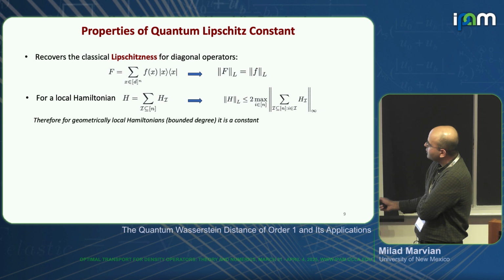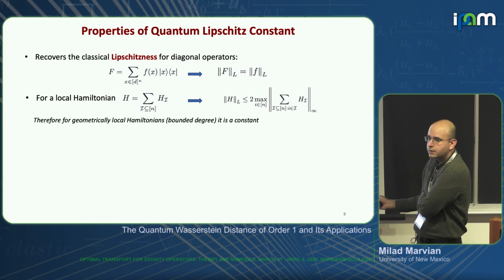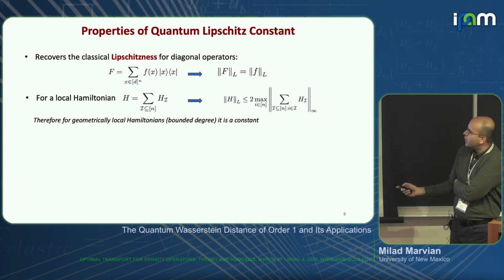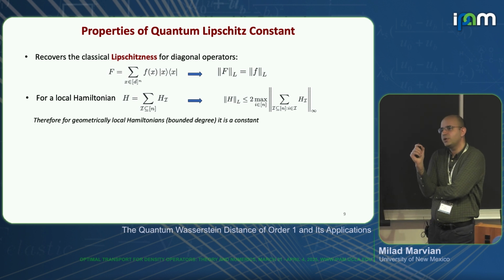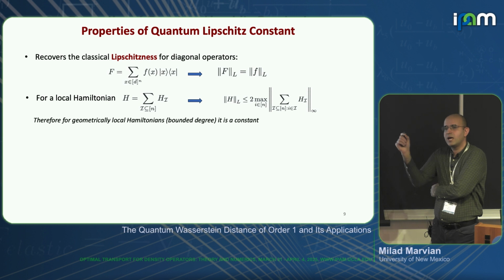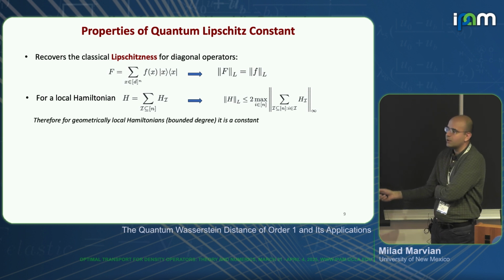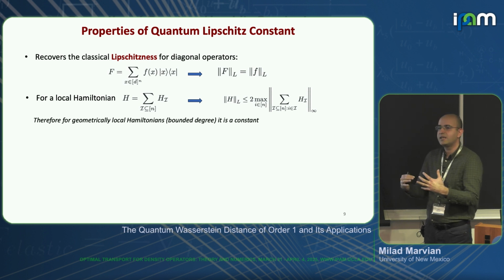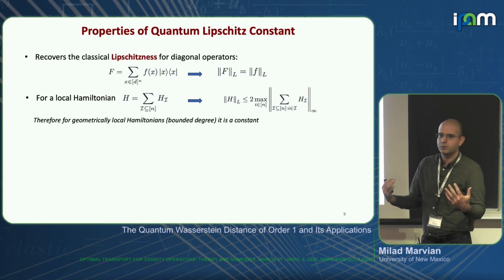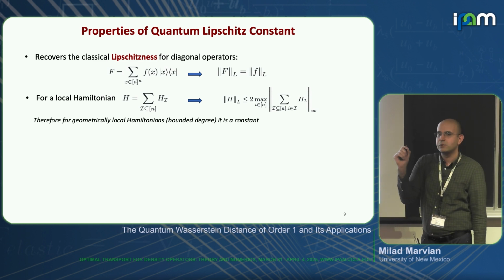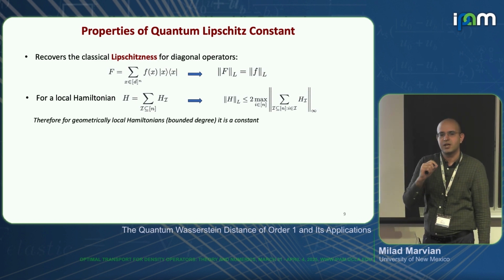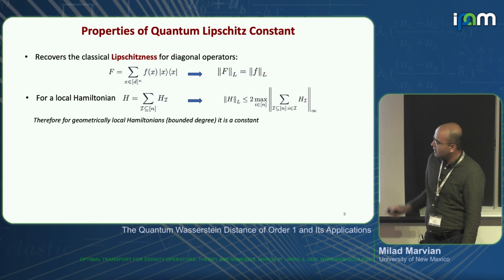And for these local Hamiltonians, you can show that it's bounded by something that only depends on how many other qubits each qubit is talking to using this Hamiltonian, right? It's not an extensive term like what we get for something like operator norm. It is something that depends locally on each one of the qubits talking to other qubits.